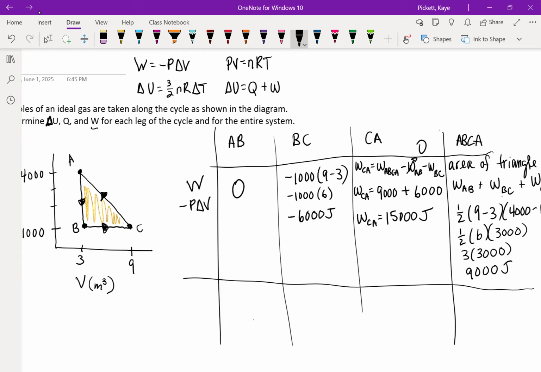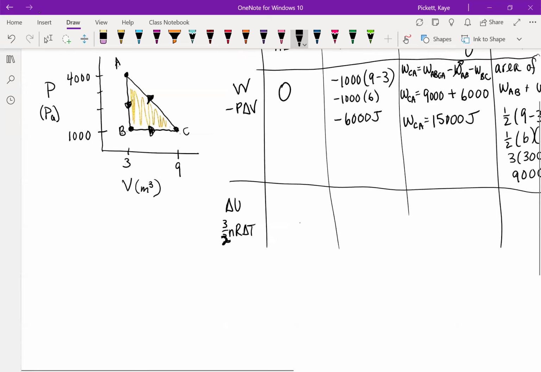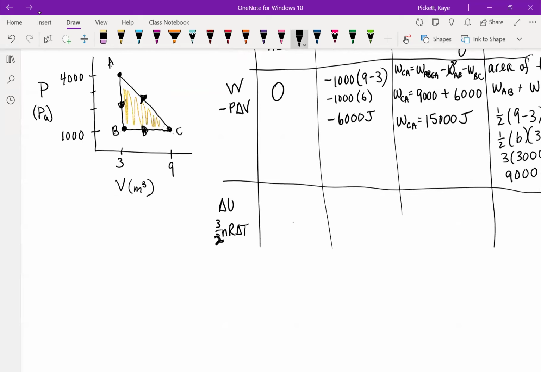Okay, so now that we have the work done, let's change to the internal energy. Change in internal energy, that's going to be 3/2 nR delta T, which means I'm going to have to know the temperature at each vertex of this triangle. So we're going to have to do a little work here.